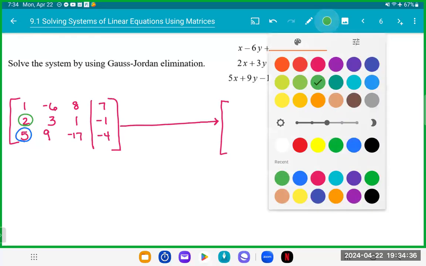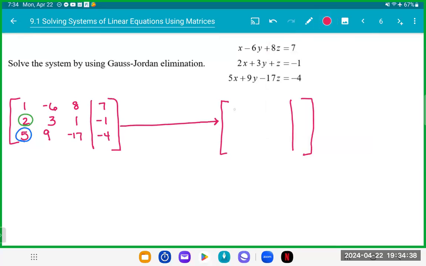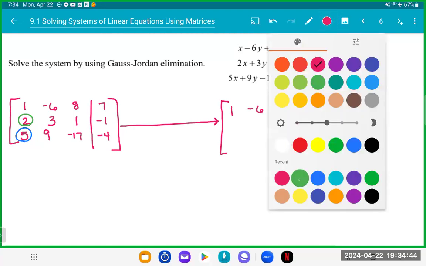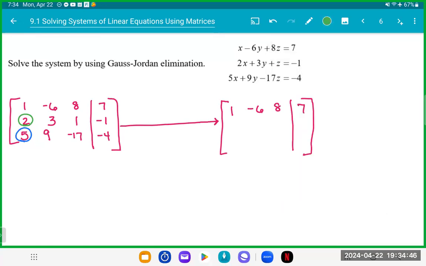So that means that row 1 is staying the same. So we have 1, -6, 8, 7. And so the first one we'll do -2 times row 1, add it to row 2, and replace row 2. So when I do that, I get -2 times 1 added to 2, I get a 0. Okay.